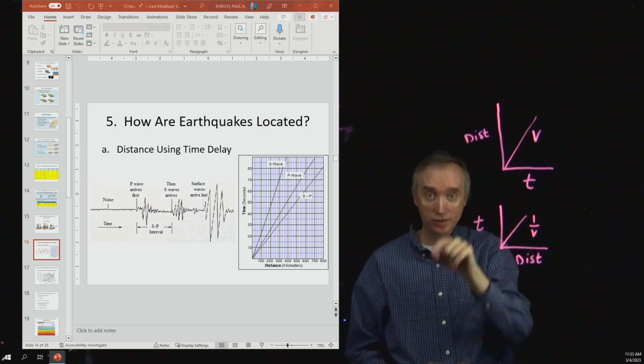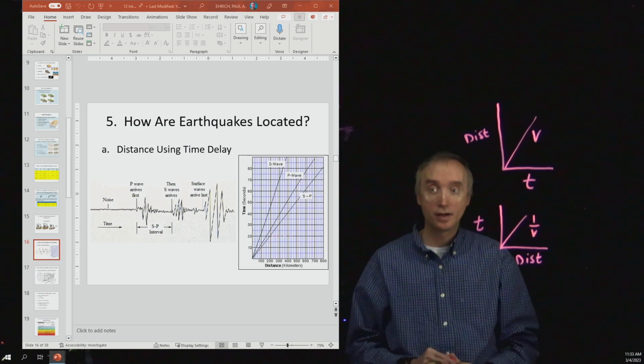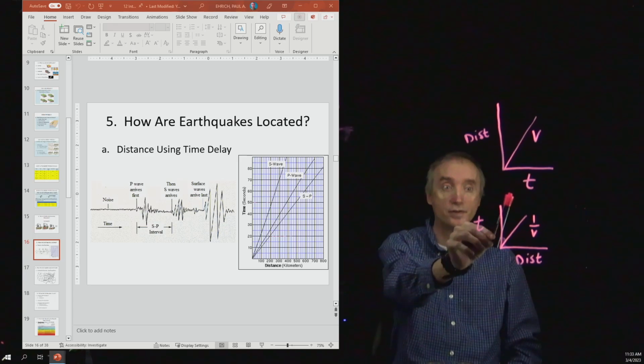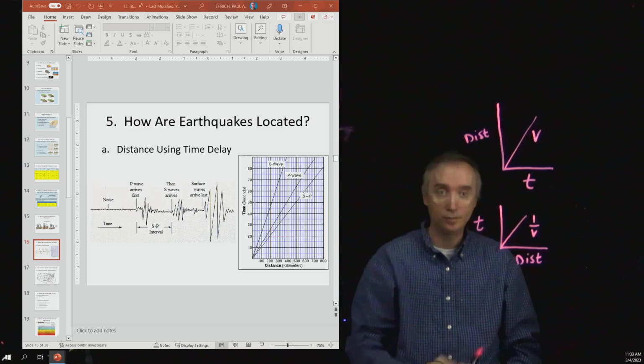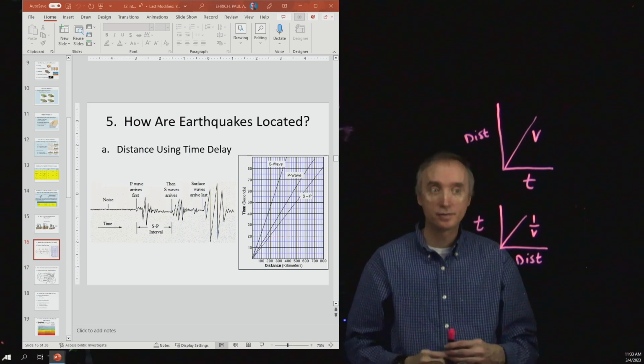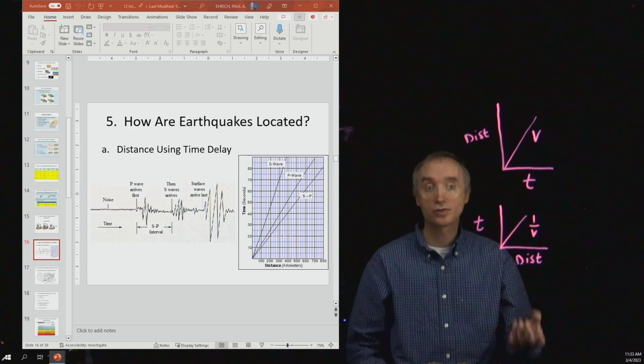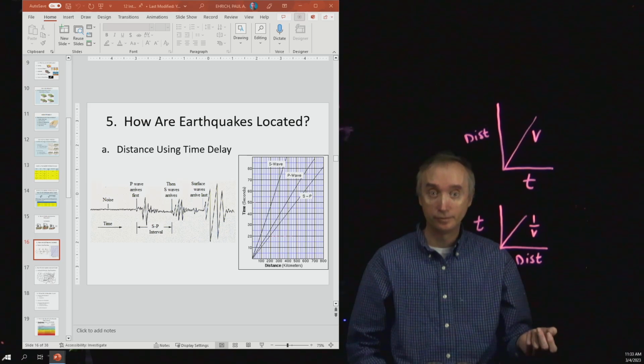If you notice on that picture, it shows the S waves as being the steepest, and the P waves are a little less steep. That's because the S waves are actually slower than the P waves.